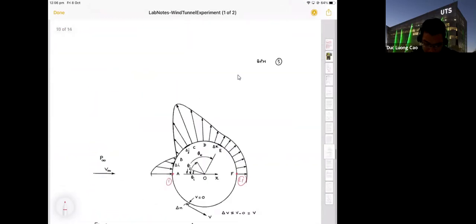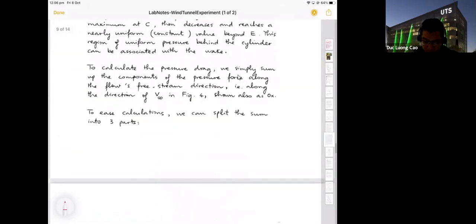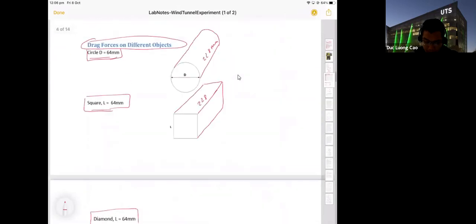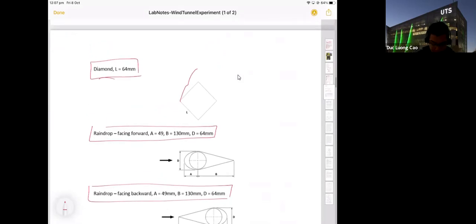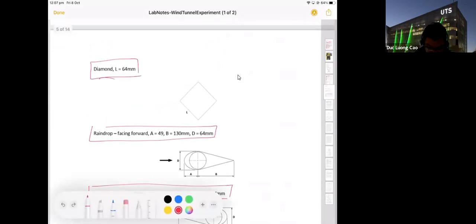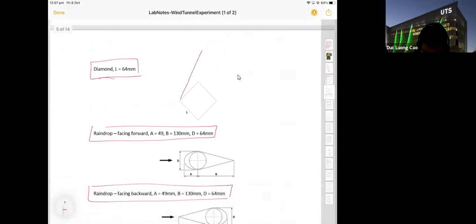The diamond. Okay, we have the diamond. Airflow in this way.